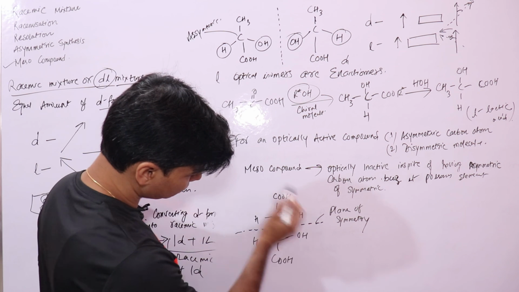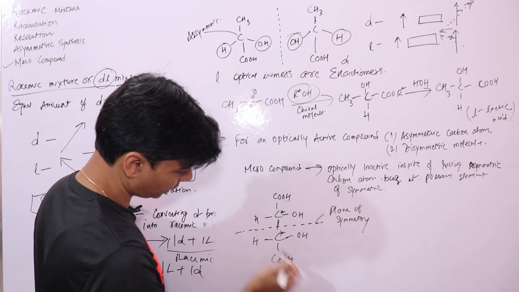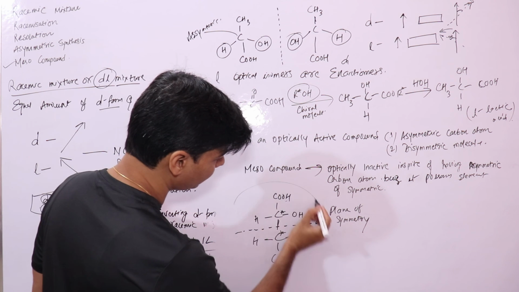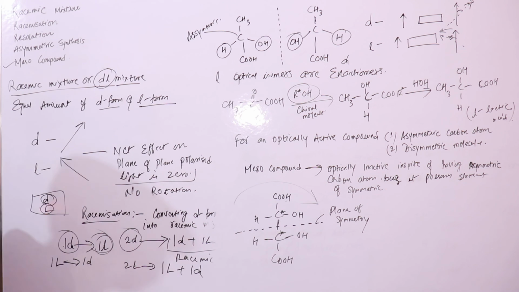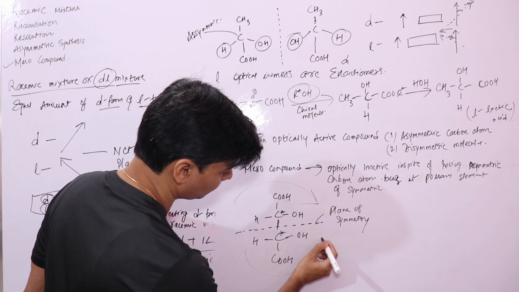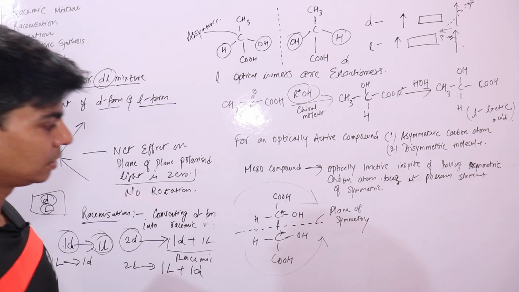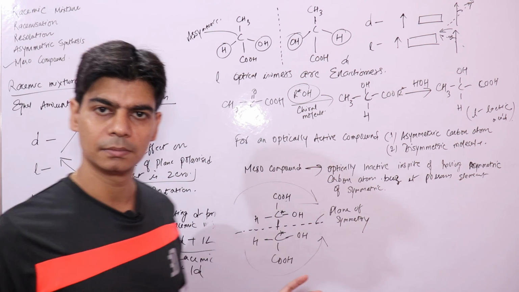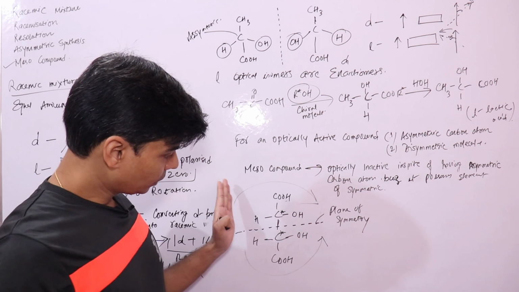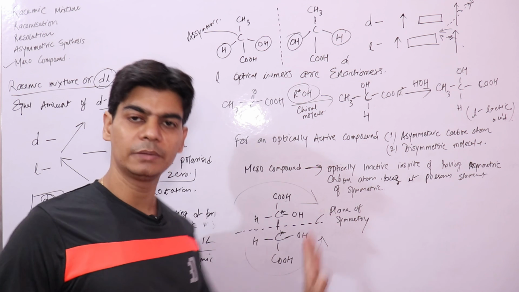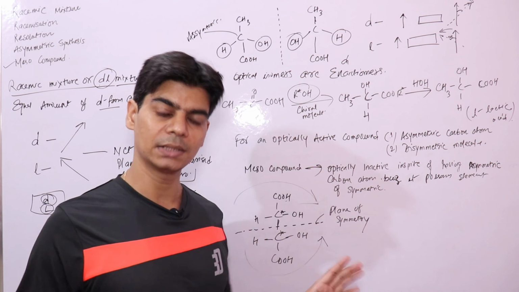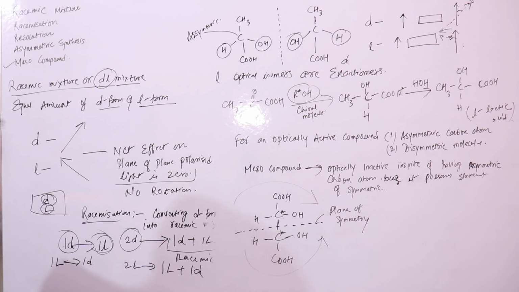Because if you see, it has two halves, this half and this half. If one will try to rotate it in this direction, then the other will try to rotate it in the opposite direction, resulting in zero rotation, right? Rotation caused by one half would be cancelled by the other half, so it has no effect on the plane of polarized light.